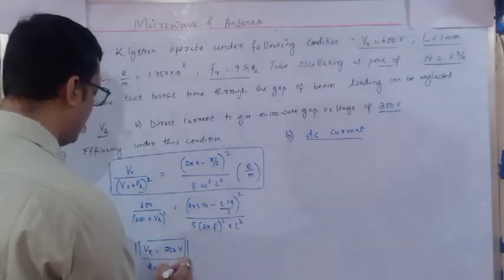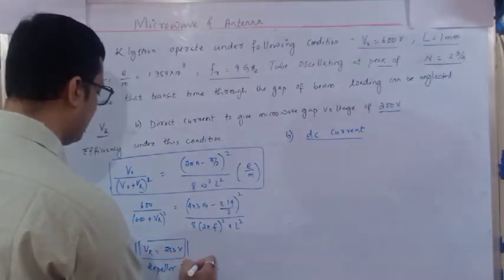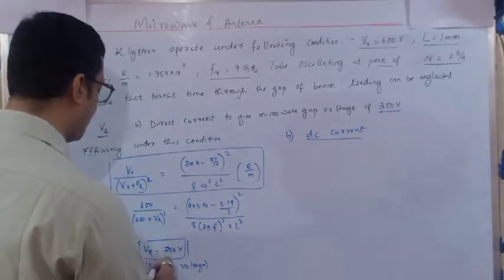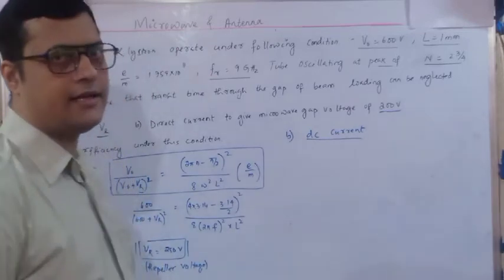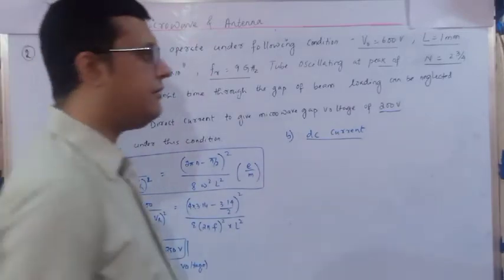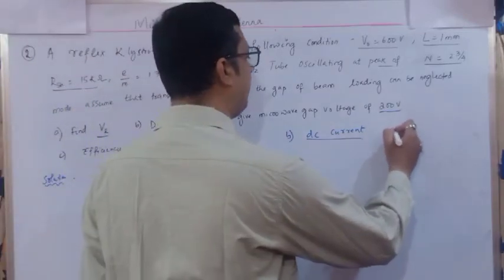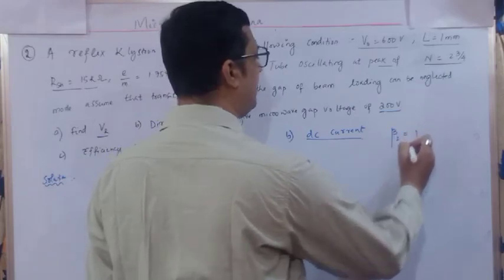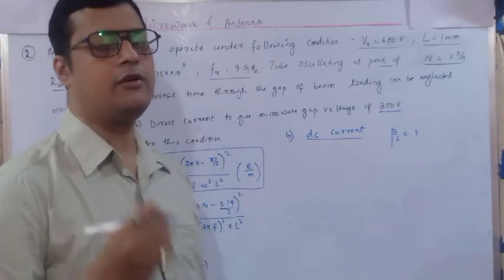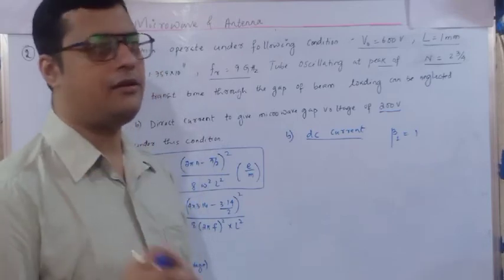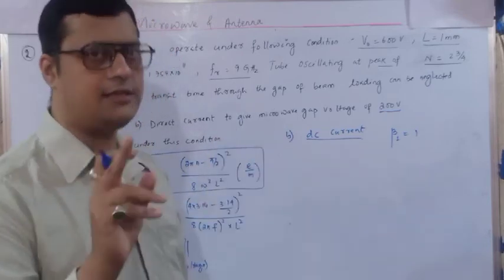Now, when we are determining this DC current, the beam coupling coefficient will come into the picture. If no information is given about the beam coupling coefficient, take the beta value as 1, because no information means the standard value of the beam coupling coefficient is 1.